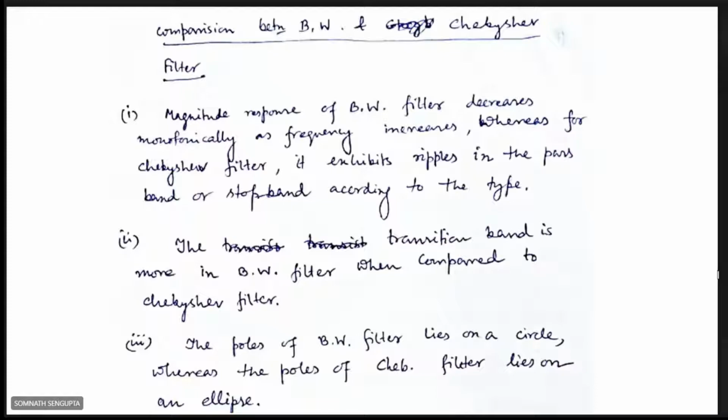There is some ripple behavior in the Chebyshev filter, and the transition band is larger in the Butterworth filter when compared to the Chebyshev filter. The poles of the Butterworth filter lie on a circle, as we have seen earlier, S1, S2, S3, S4, S5, S6, whereas the poles of the Chebyshev filter lie on an ellipse. Okay.